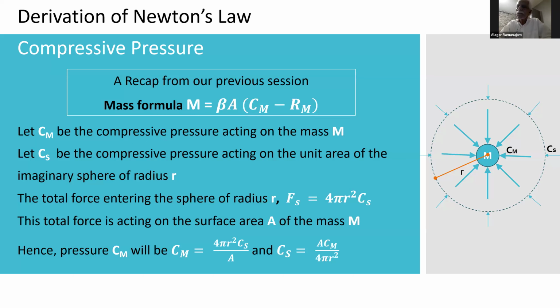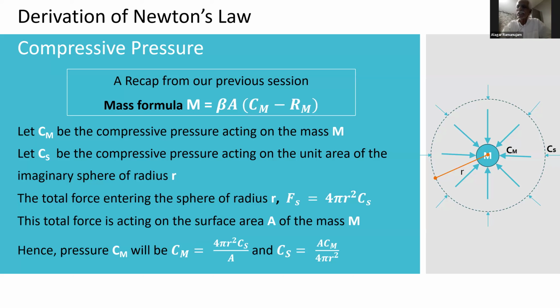So Cm is the pressure, and the surface area is capital A. So A into Cm will be the total force converging on the mass m. This total force, ACm, is coming through the outer sphere. So what will be the pressure on the outer sphere?